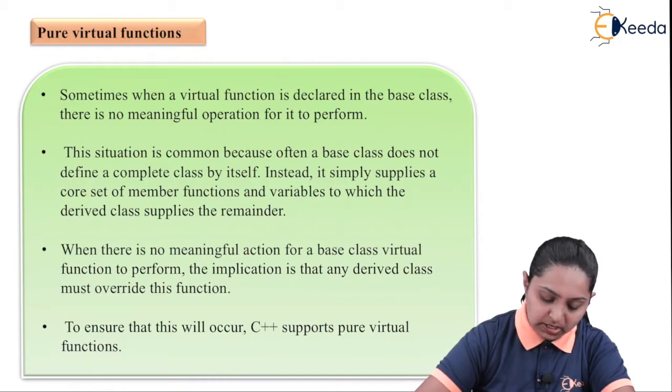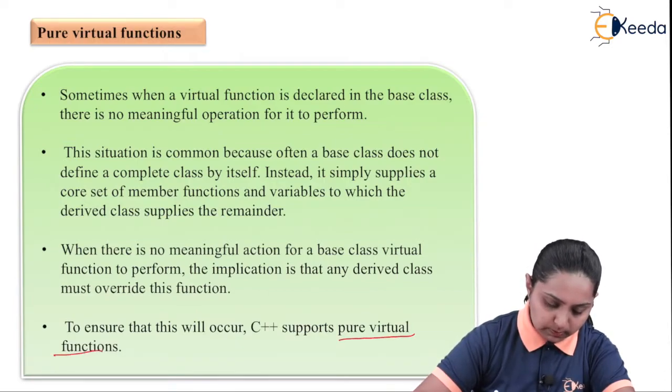When there is no meaningful action for the base class virtual function to perform, the implication is that any derived class must override this function. To ensure that this will occur, C++ supports the pure virtual function.